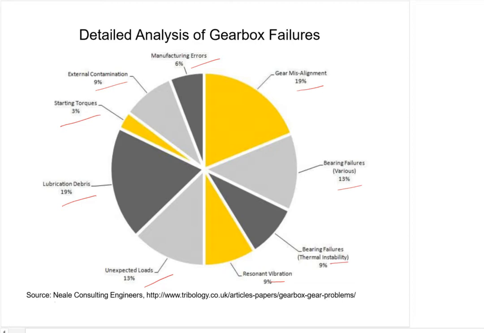I've never really heard of Neil Consulting Engineers outside of this. They just came up on a highly ranked link on a Google search of gearbox failures. But the fact that they put together such a nice, concise graphic and made it publicly available, I would say that they probably know what the heck they're doing.